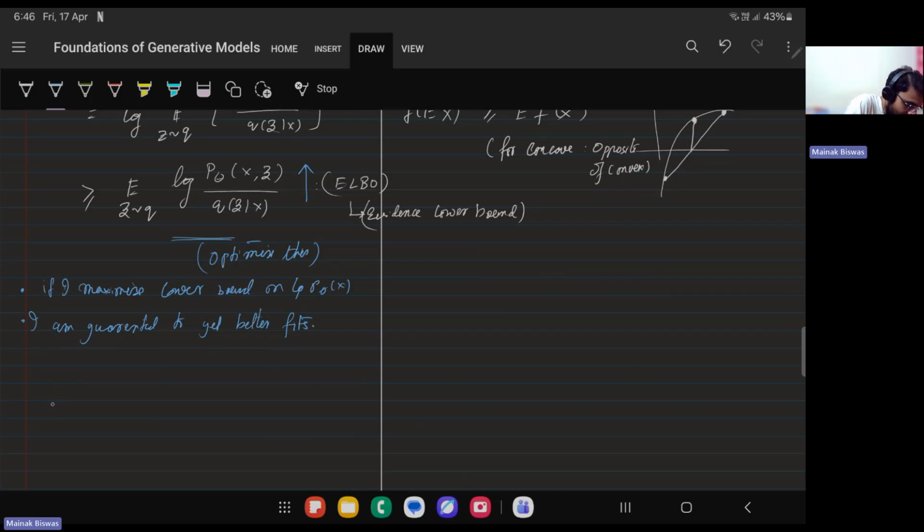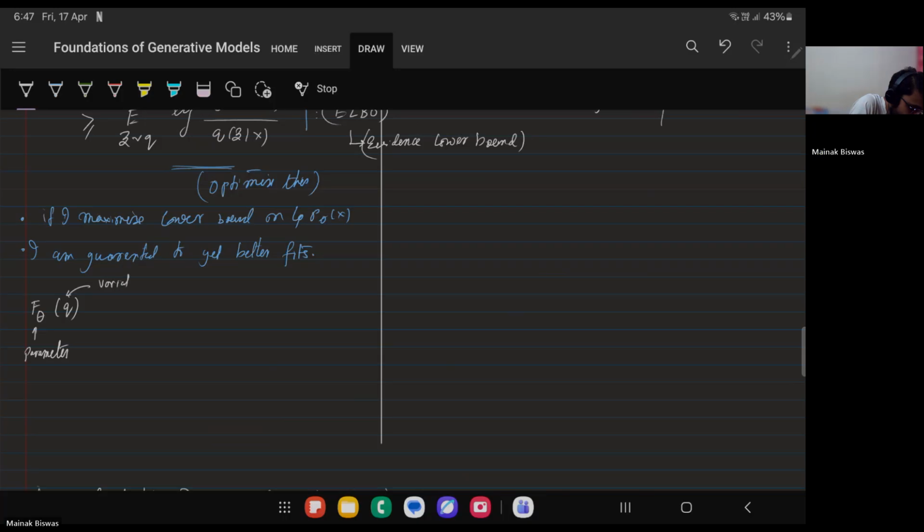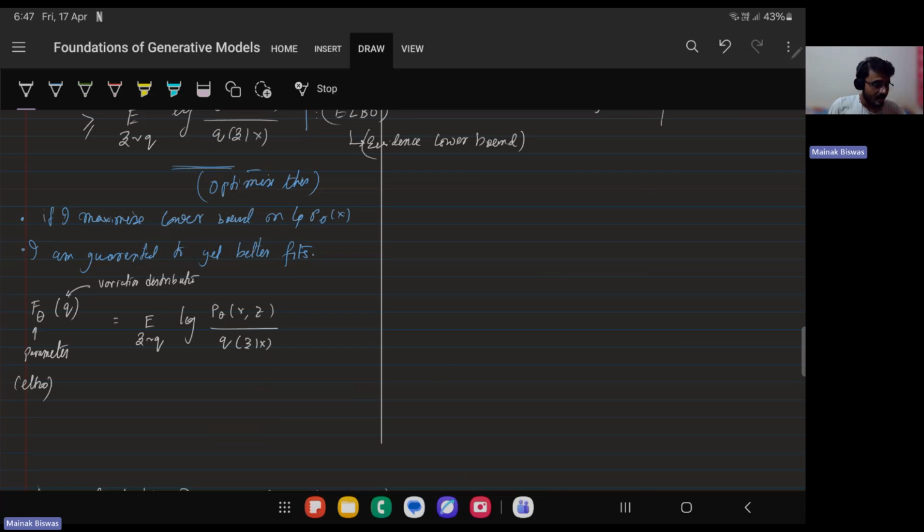So I will be writing the ELBO, using a notation from now on: F theta of q, where theta is the parameters and q is the variational model. I will say this is the ELBO, which is the expected value over z in q of log of p theta of x comma z by q of z given x. As soon as I get this, I can do some computations.